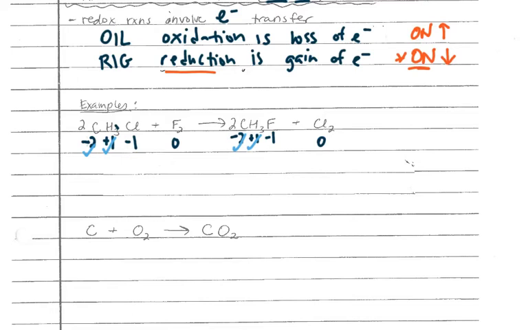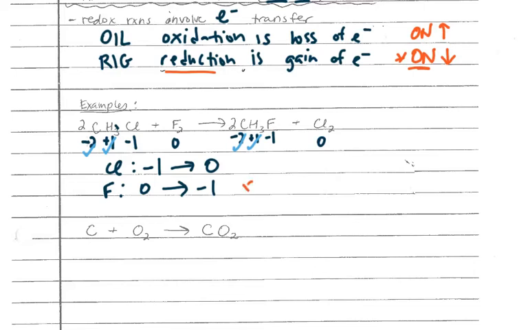So if we look at chlorine, chlorine on the reactant side had an oxidation number of -1, and then on the product side, it had an oxidation number of 0. And fluorine on the reactant side had an oxidation number of 0, and on the product side, it had a -1 charge.